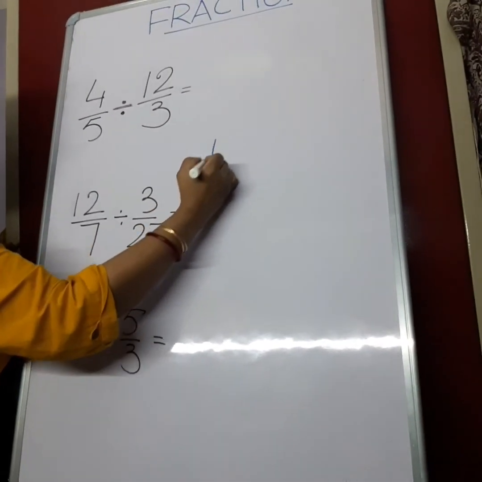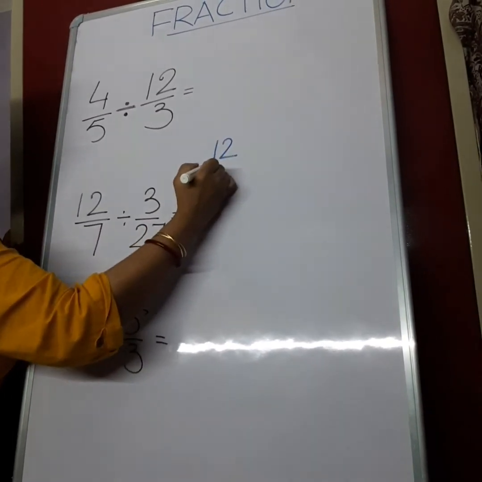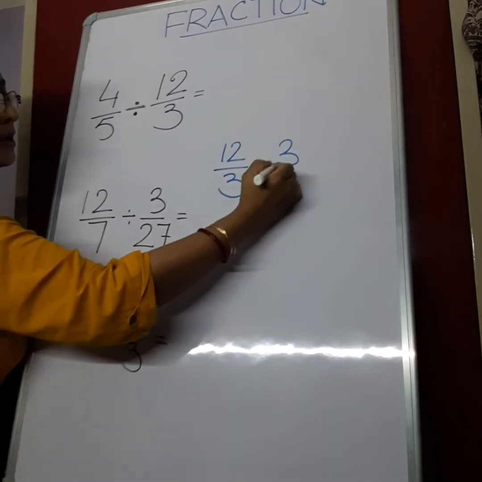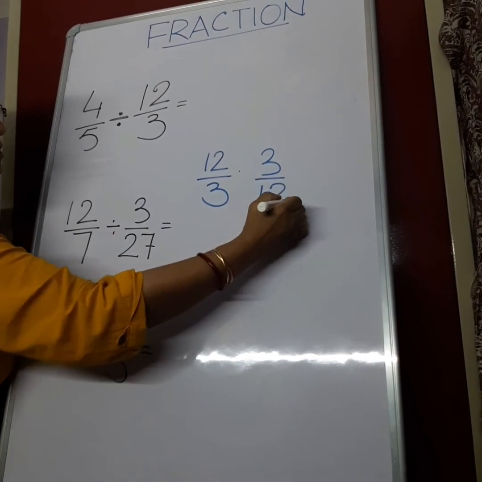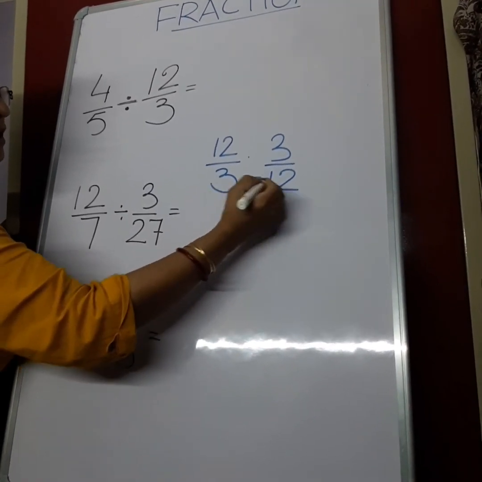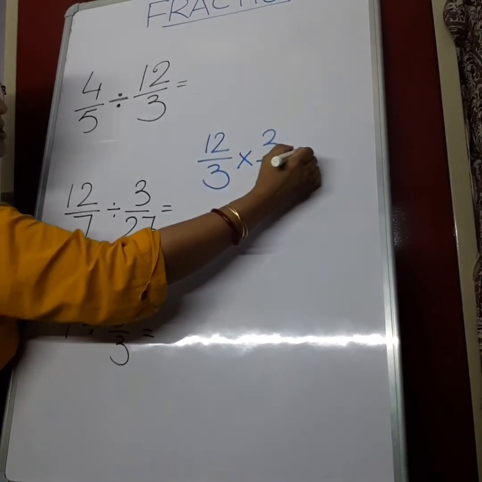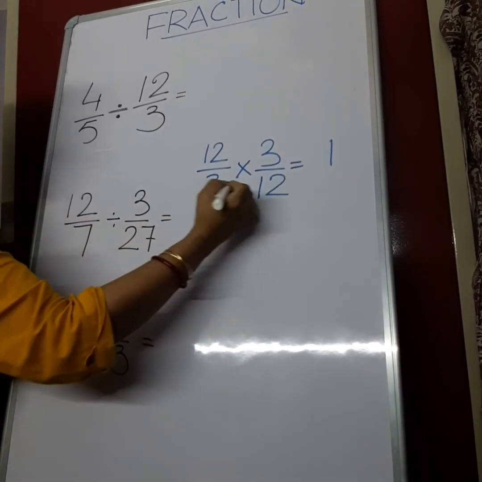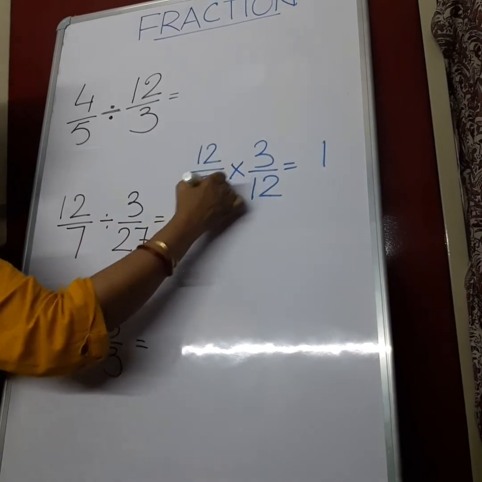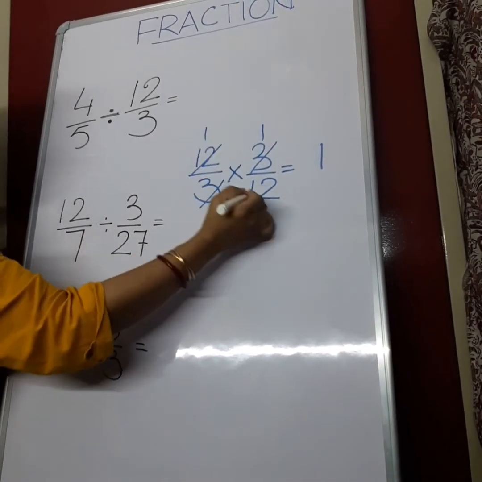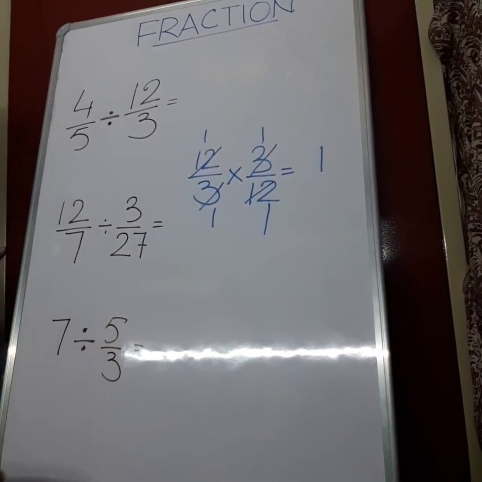See, for example, reciprocal of 12 by 3 is 3 by 12. When a number multiplied by another number gives the product as 1, they are known as reciprocal to each other. Here 3 1s are 3, 3 1s are 3 and 12 1s are 12 and 12 1s are 12.